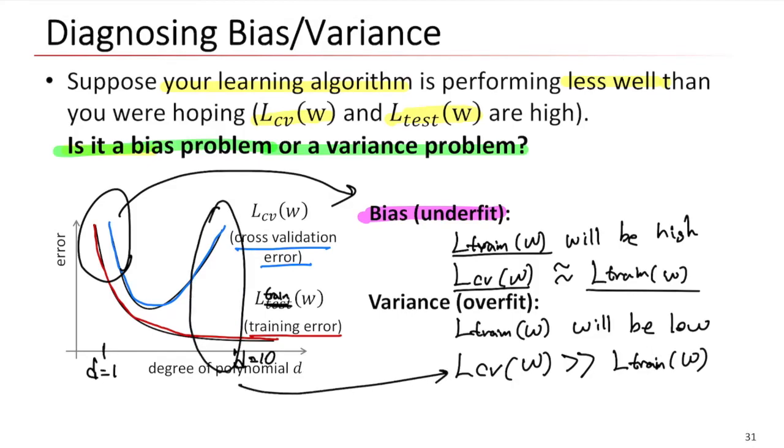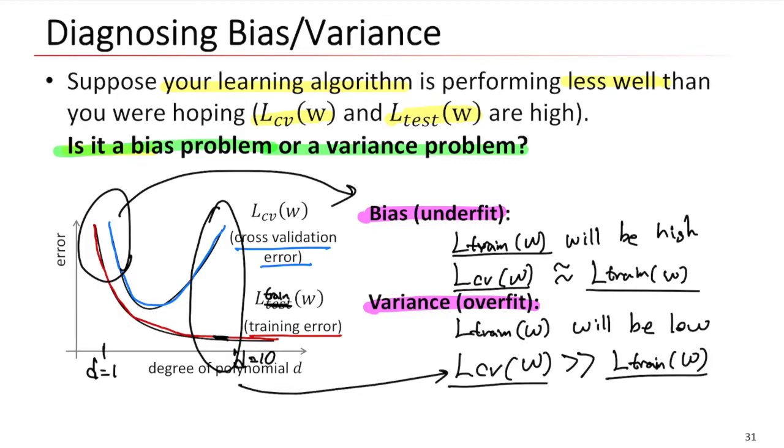In this case, the error on the training samples is lower, but the error on the cross validation set is much higher than the error on the training set. So this is called the variance problem or the overfitting problem.